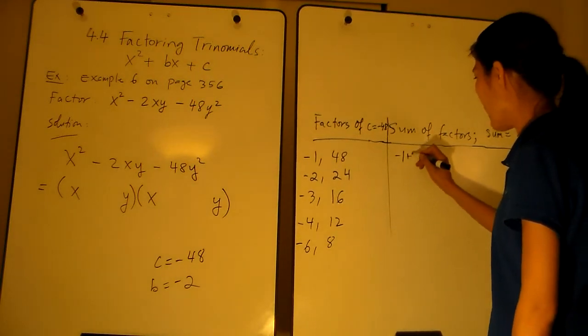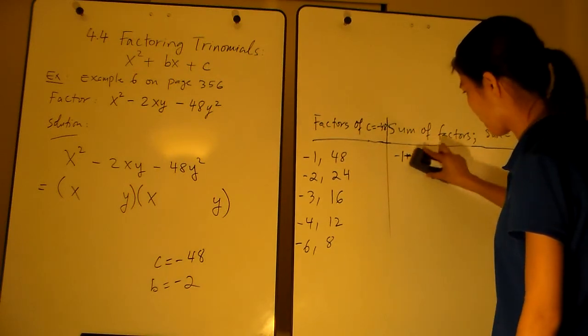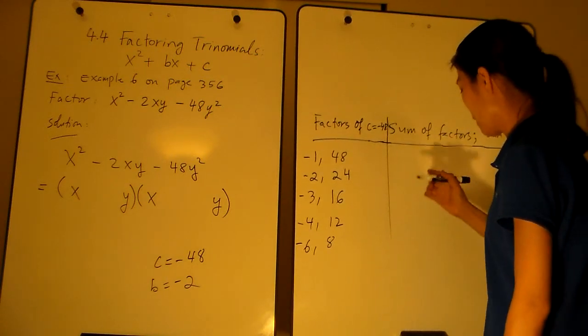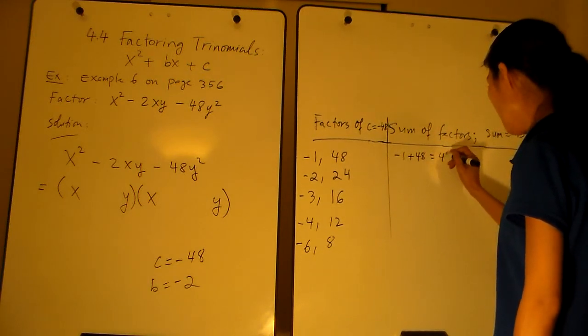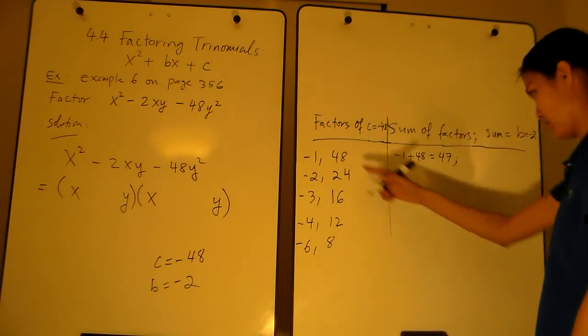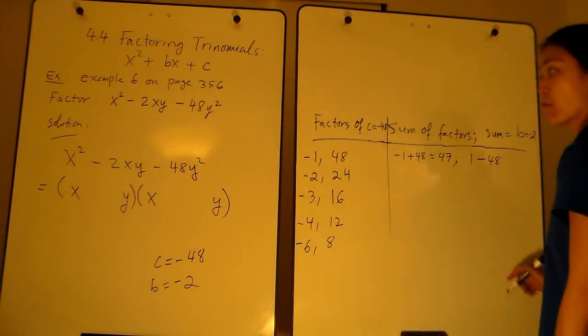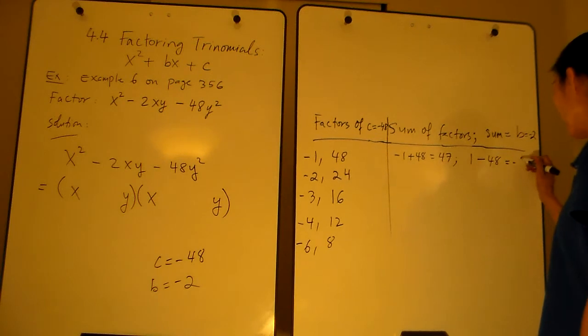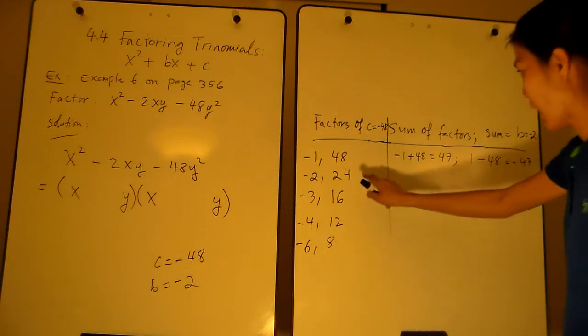Negative 1 plus 48 is 47, or the opposite, you have 1 and negative 48, one is positive, the other is negative, you have negative 47, which is not b. How about this case?